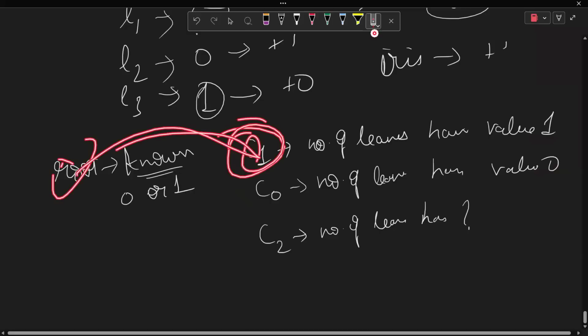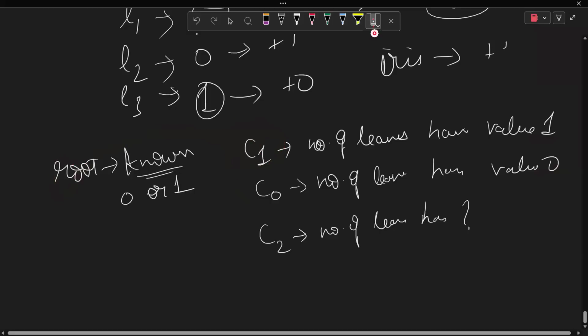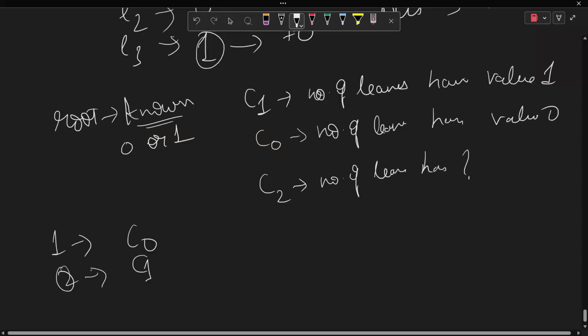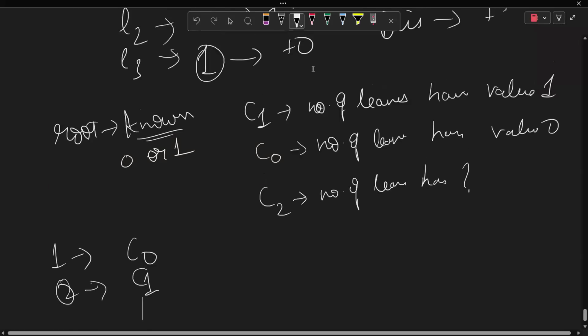Both of them are known, so their score is known. Dora or Iris cannot change the values. So your initial score is already known. If the value of the root is 1, all the unequal leaves would be added to your score, so C0 would be your initial score. And if it is 0, then C1 would be your initial score.